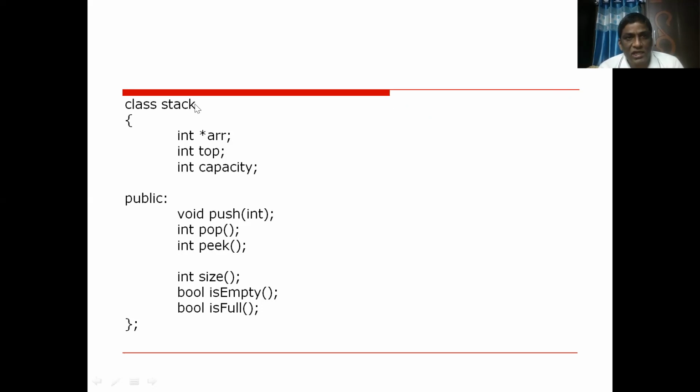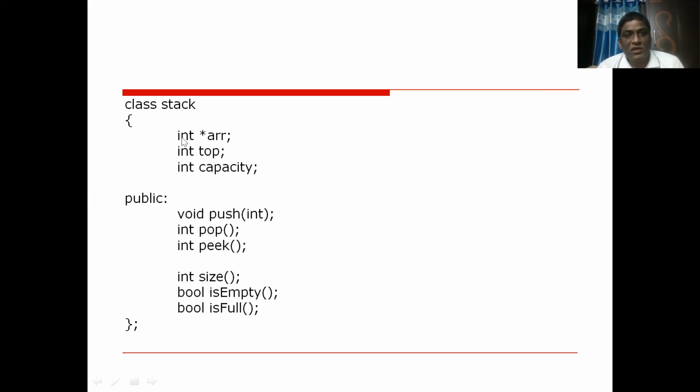So if you write like this, a class followed by the name of the class, the data used, and the operations performed on the corresponding data structure, right? This is called stack ADT. And what about these functions, where are they actually implemented?